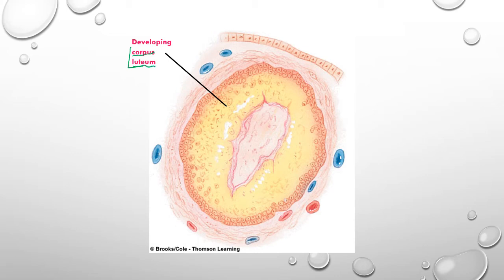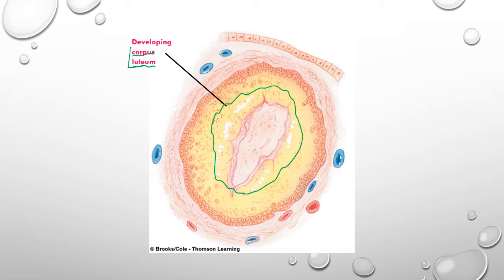If we were to look inside an ovary, we would see this yellow body sitting inside there. That corpus luteum, as it continues to develop, is closed up, it's kind of walled itself off, and all of the little cells in this little yellow area here are starting to produce hormones.